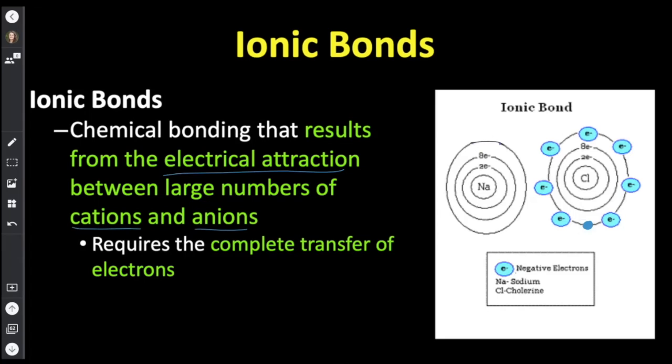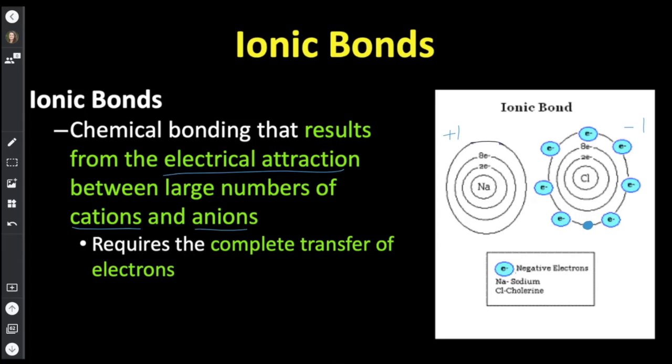All right, and now sodium becomes what? +1. And chlorine becomes -1. Well, we know that opposites do what? Attract. So here's our opposite charges. They attract. Think of them as like magnets, right? They're still two separate entities, but they're attracted to each other, which holds them together.